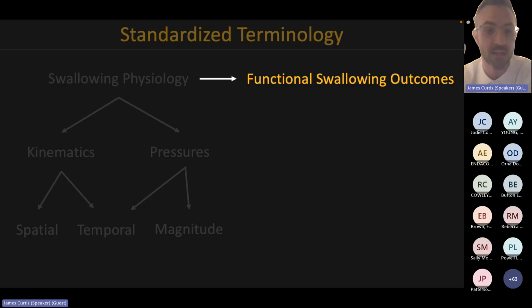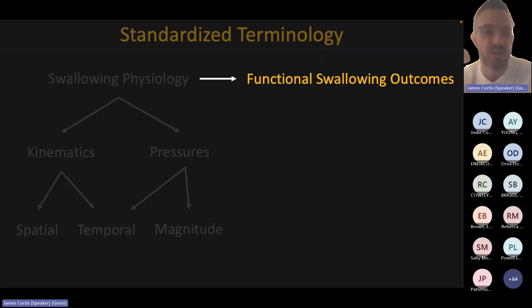It's got some sort of function behind it. So we don't measure walking just for the sake of measuring walking. We're doing it because we're trying to get from point A to point B. Most movements that we have are goal-directed or functional movements. And so we want to think about what the motor task is trying to accomplish.